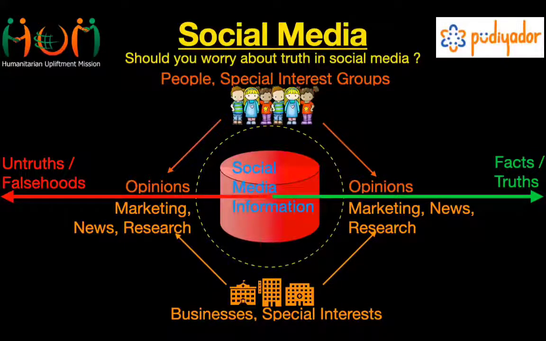So people use Facebook and all these social media platforms to market their products. But marketing can have some truth and some untruth, right? So if you go from left to right, on the left you have untruths and falsehoods. On the right you have truth and facts. So the thing you have to be careful about on social media is that you cannot believe everything you see on social media.